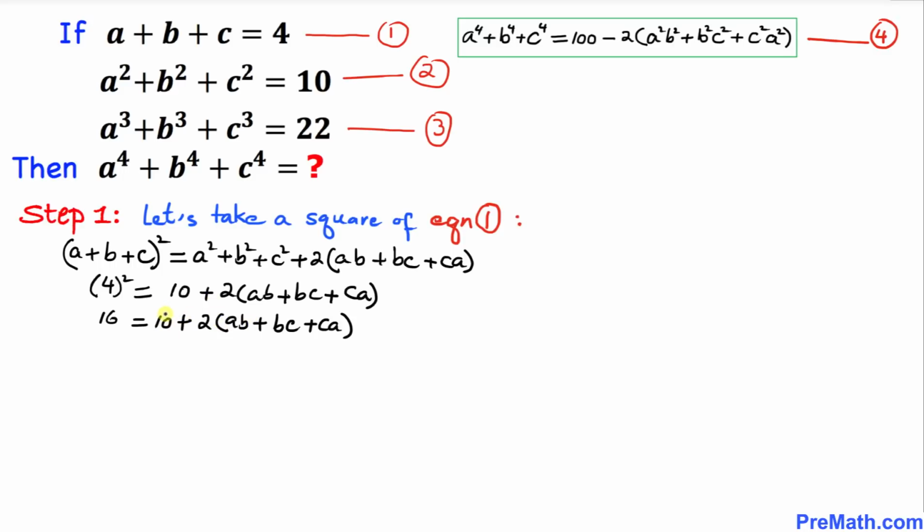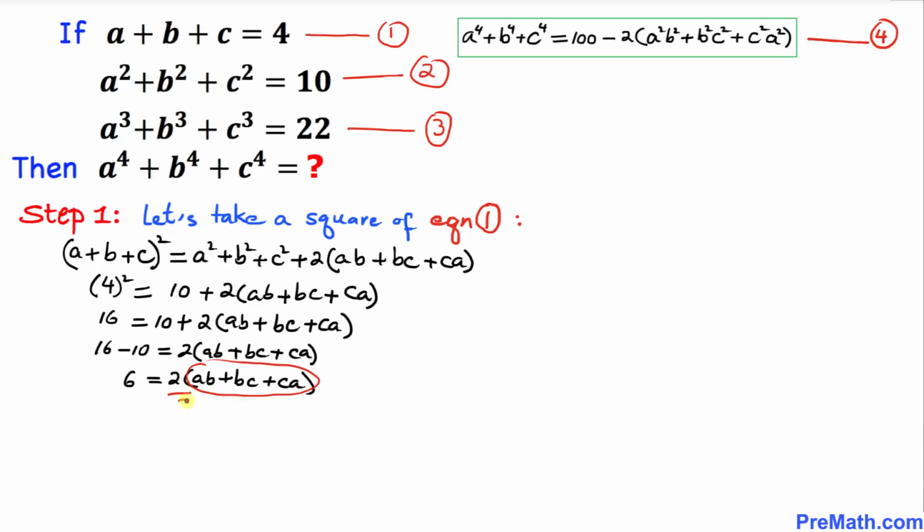Now let's move this 10 to the left hand side. We get 16 minus 10 equals 2 times ab plus bc plus ca. So the left hand side becomes 6, equal to the same quantity on the right hand side, and now we are going to isolate this part.